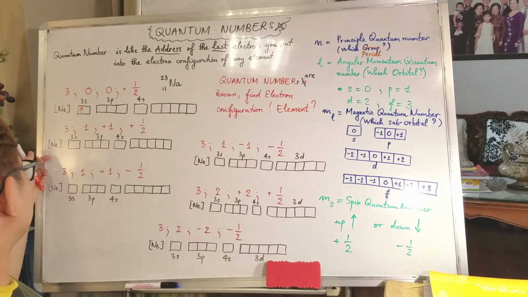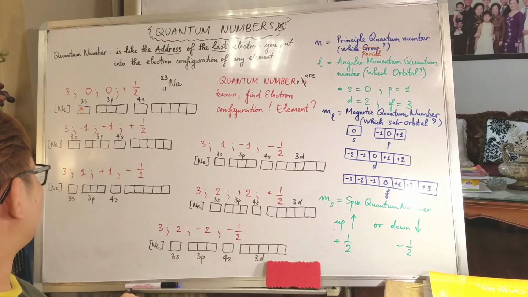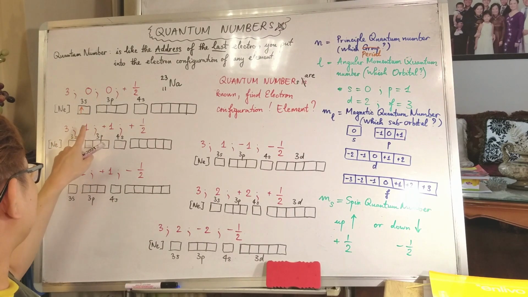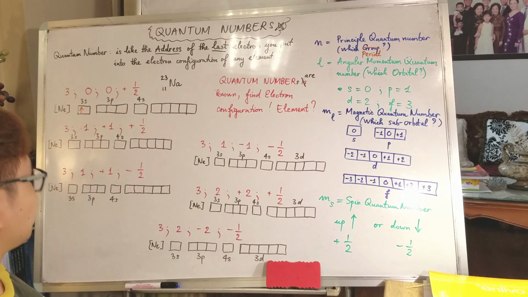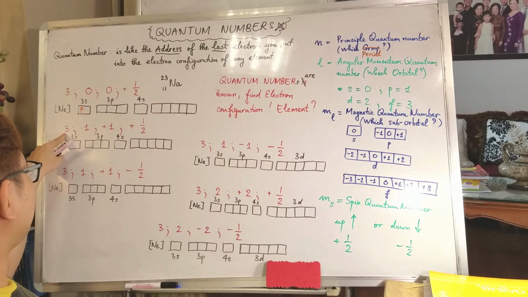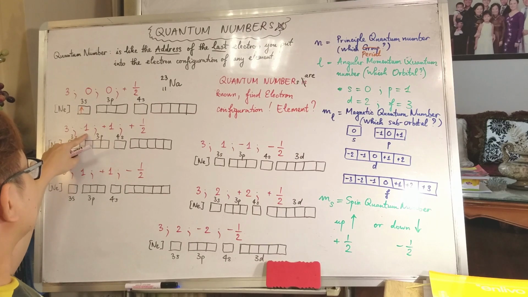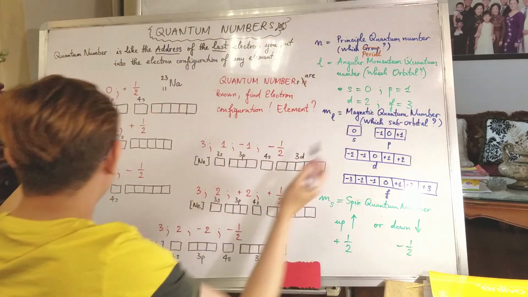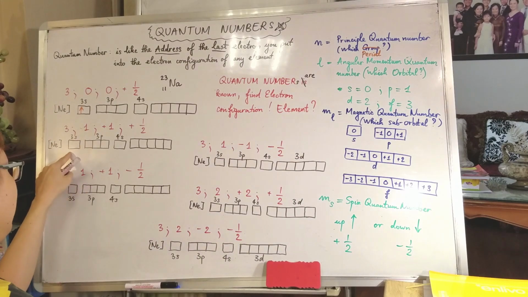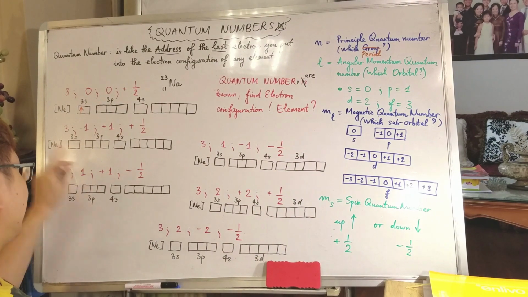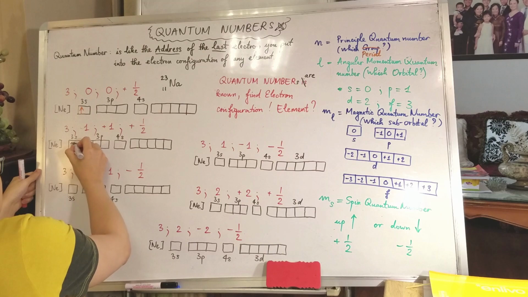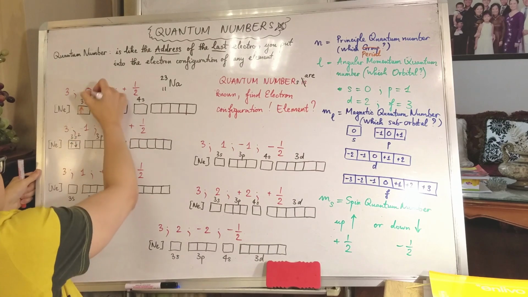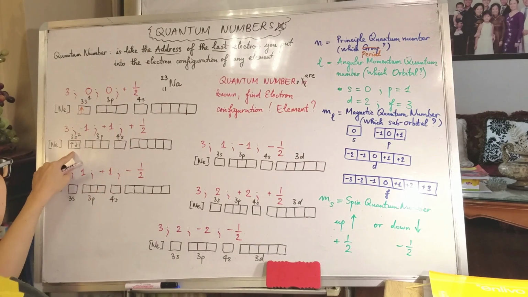Okay. Case number 2. You're provided 3, 1, plus 1, and plus half. So you know that it's going to end up in period 3, 1, so it's going to be P, because you have to fill the S fully first.